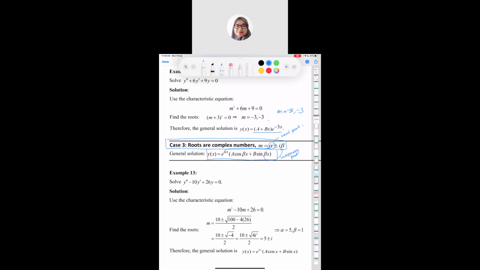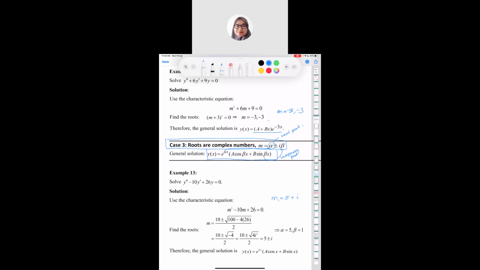Macam mana nak tengok imaginary part? Nombor 5 yang you ada ni adalah real part. Nak tekan imaginary part, kita tekan shift equal. Shift equal, so saya akan dapat 1i kat situ. Means that the first one saya dapat tadi 5 tambah i.